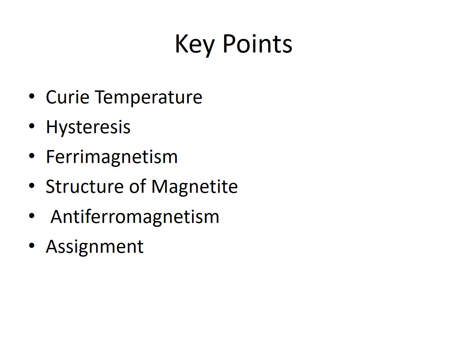After having complete understanding of these terms, we will be able to develop our concept regarding ferromagnetic materials, and then we shall discuss the structure of the well-known, and I think the first known, magnetic material, that is magnetite, and at the end we shall see antiferromagnetic materials, and at the last I have posted a few questions regarding this lecture.